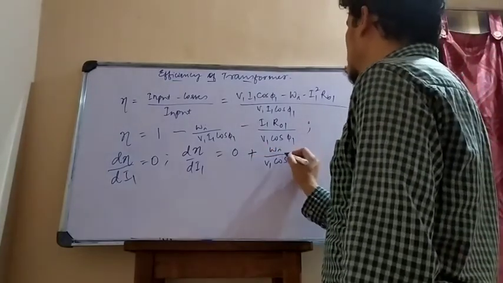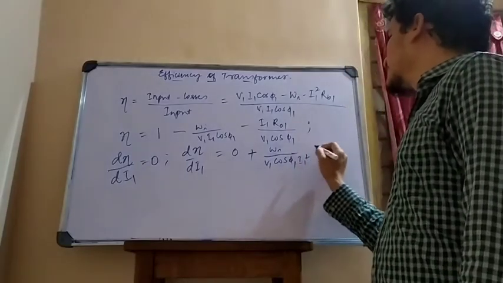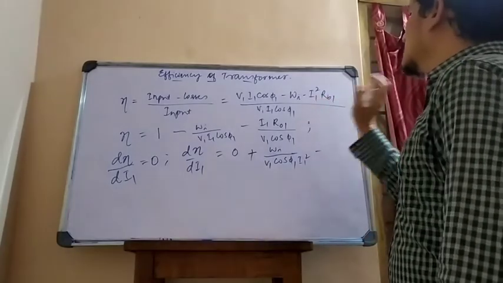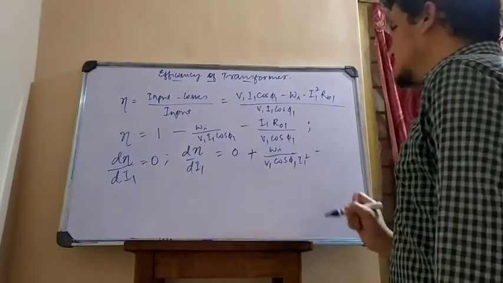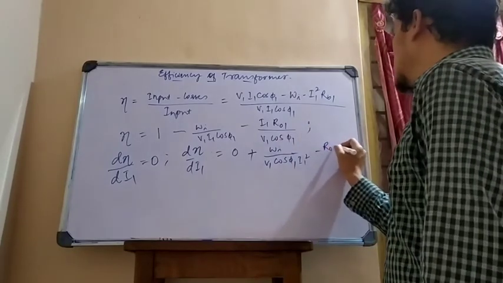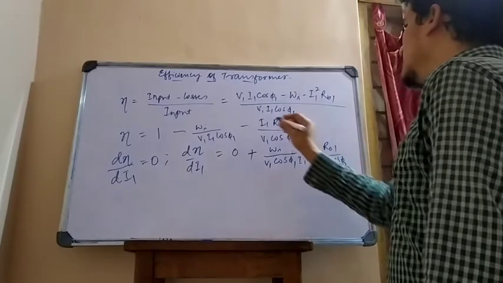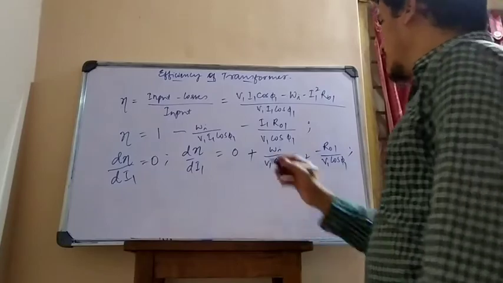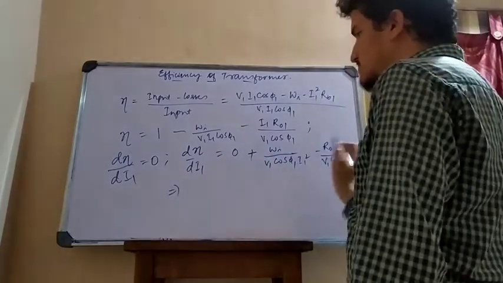So plus the next term, I1 R01 over V1 cos phi 1. R01 is constant, V1 cos phi 1 is constant, and dI1 divided by dI1 is 1. So this is the differentiation. Now I have to equate this equation to 0.